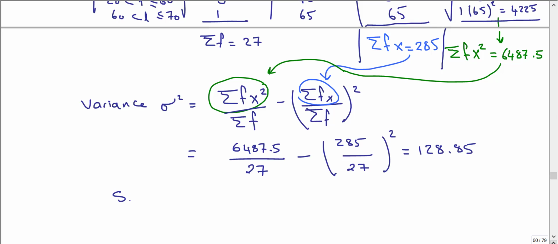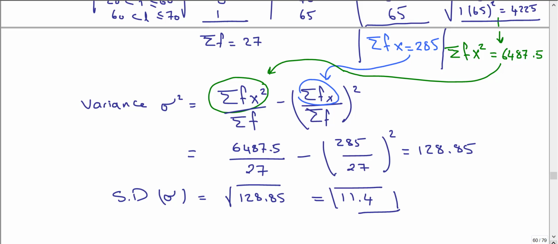So the standard deviation will be the square root of 128.85, which is 11.35, so 11.4. This is the standard deviation and this is the variance.